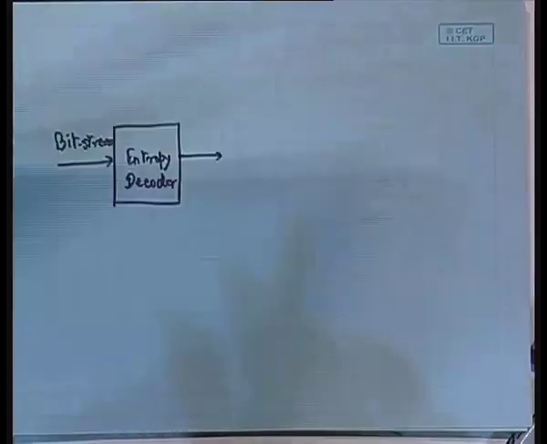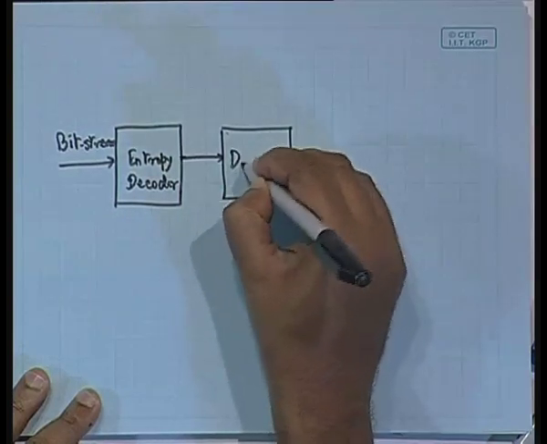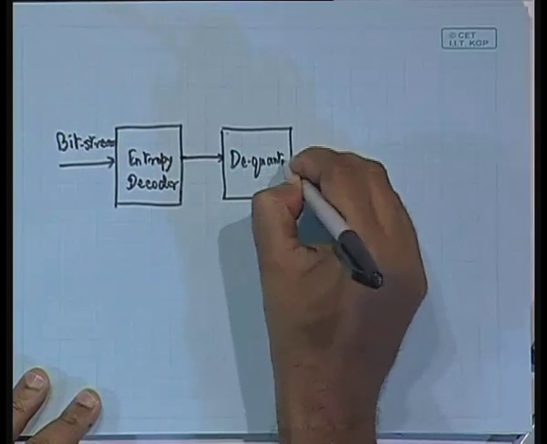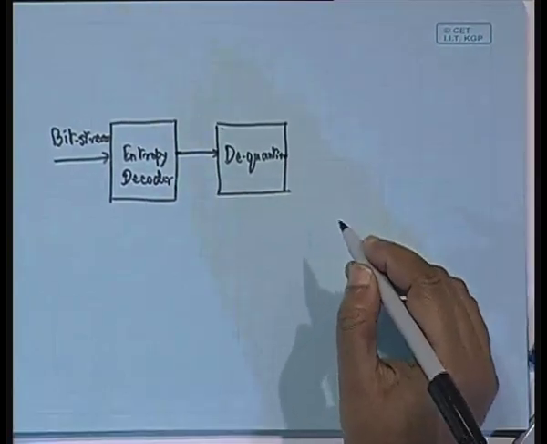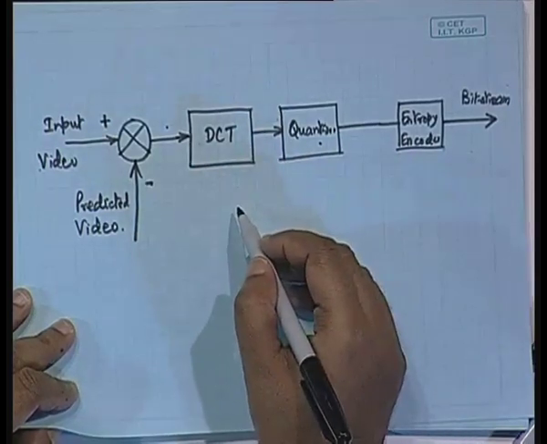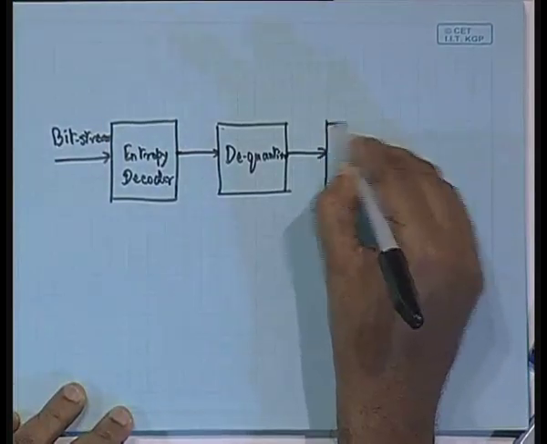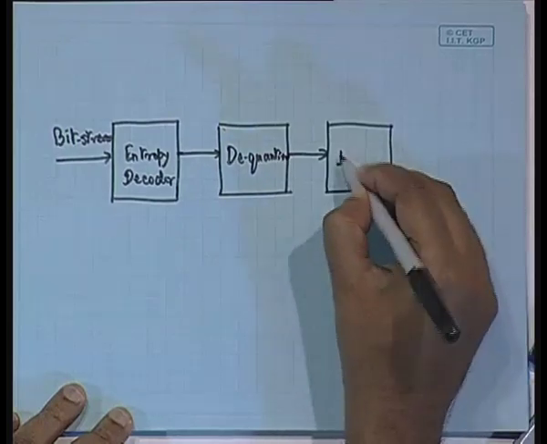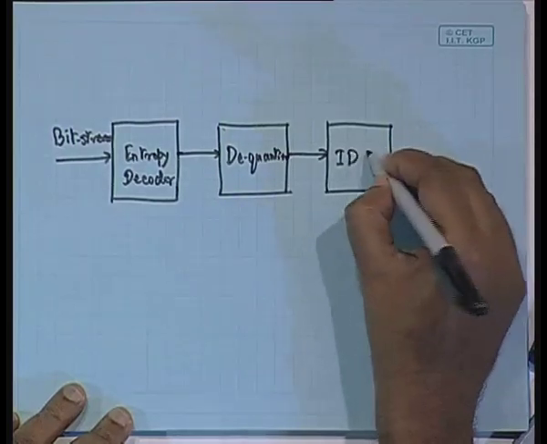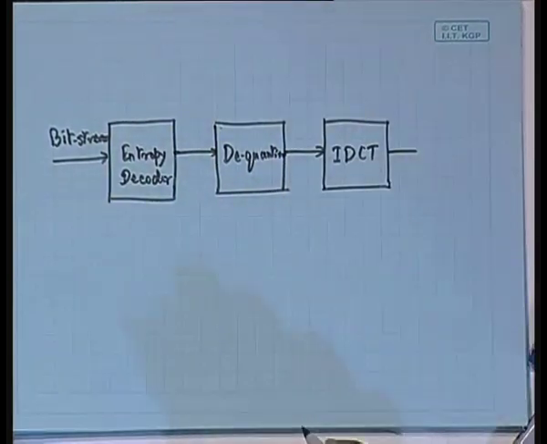In this case, the already quantized values have to be multiplied by the quantization matrix element. So, there will be a dequantizer. And here we had the DCT or the direct transform. In this case, we are going to have an inverse transform, or in this specific case IDCT, inverse DCT, we have to do.